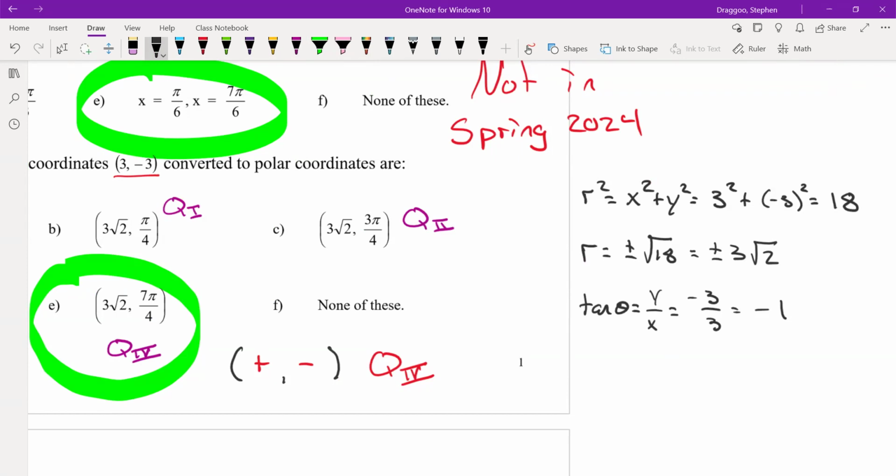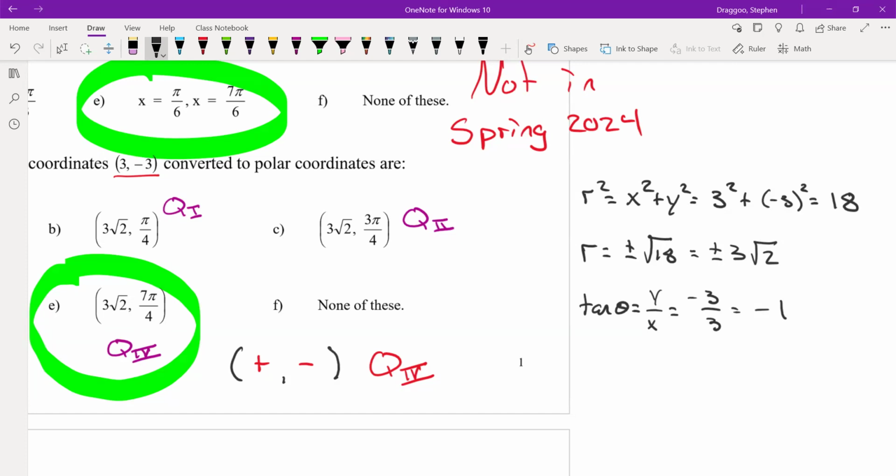And again, this is the equation I really want to work with, the one that just says tangent theta equals -1, rather than saying theta equals tangent inverse of -1, because that won't necessarily be correct. If I go to theta equals arctangent of -1, the answer I'd get is -pi/4, but that's not the angle that I end up using to express the point. I use 7pi/4 instead.